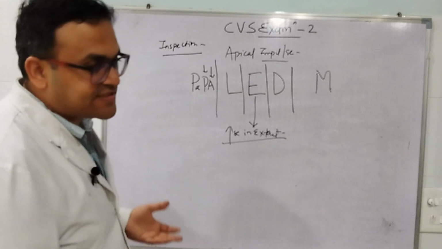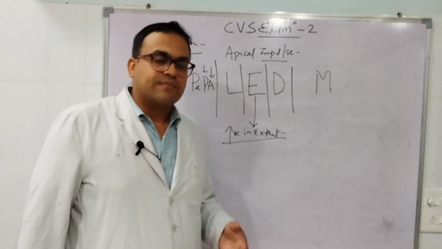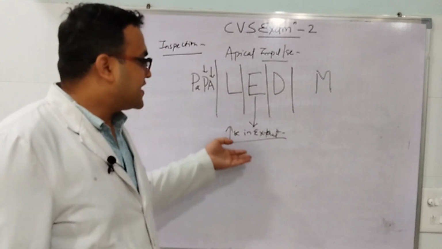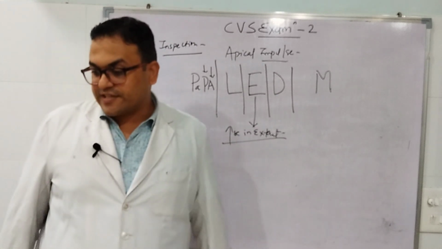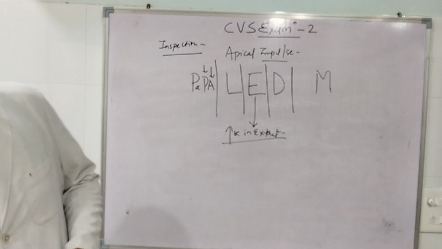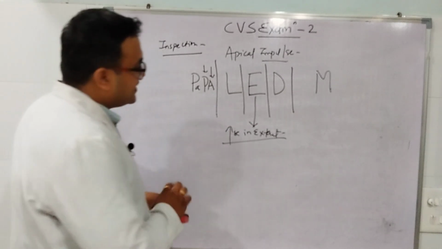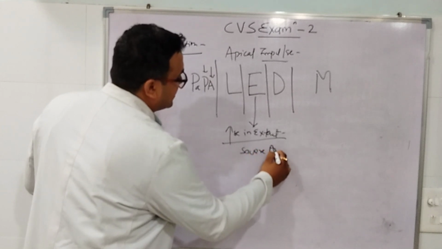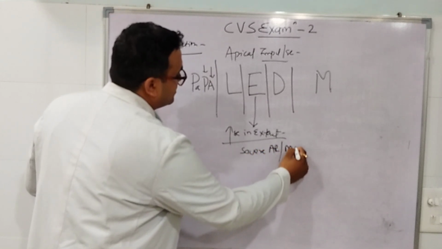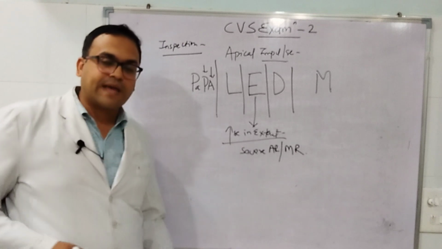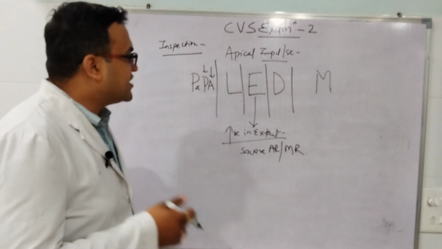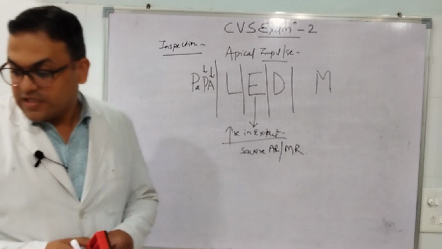Also in hyperkinetic states, high fever, post exercise, in all these hyperkinetic states we can see an increase in extent of the apical impulse. In severe AR or MR, these are also examples of hyperdynamic circulation. In these conditions also we can see an increase in extent of the apical impulse.